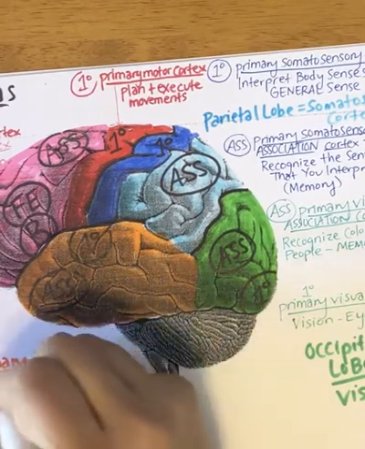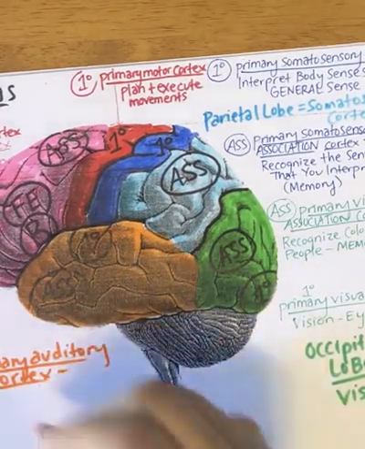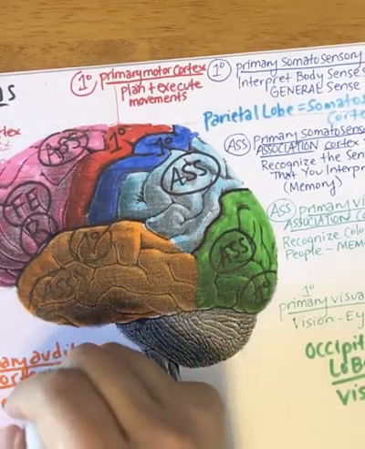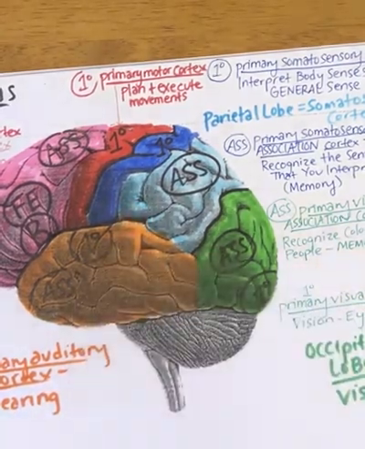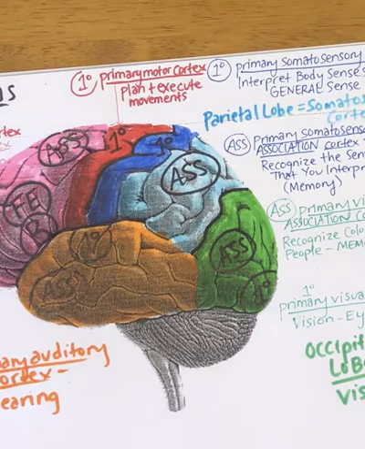What does auditory mean? Hearing. So you hear. If you get a tumor in your primary auditory cortex, you can't hear anymore. You lose the ability to hear.